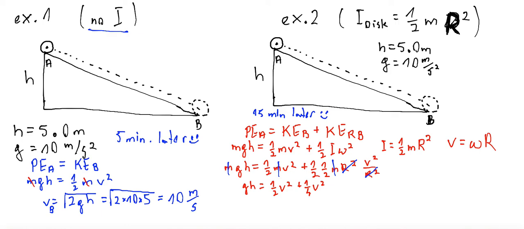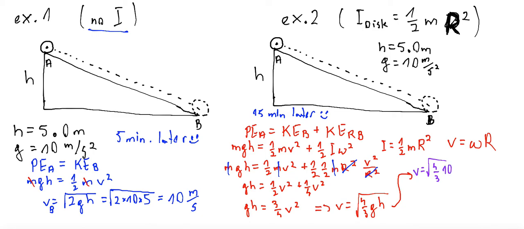So finally we have gh on the left and 3 over 4 of v squared on the right, obtaining the equation for v as the square root of 4 over 3 gh. Is it clear? We can use data, so v is equal to the square root of 4 over 3 times g, which is 10, times height, which is 5.